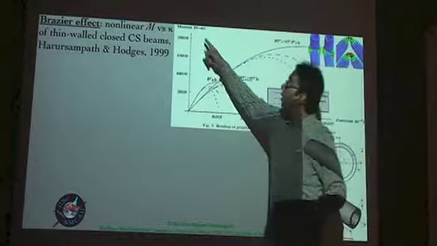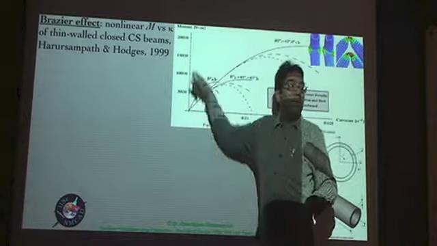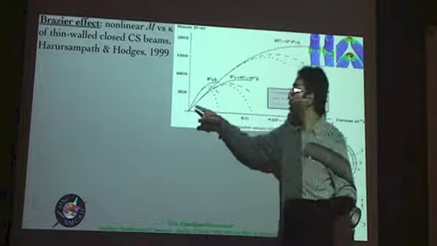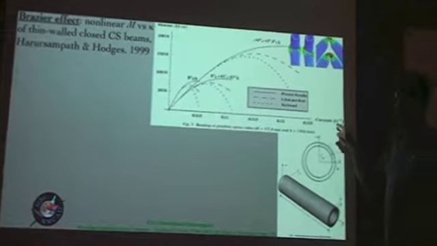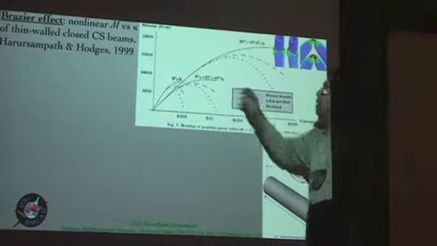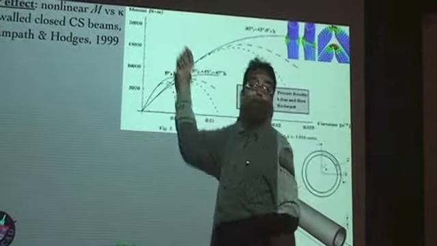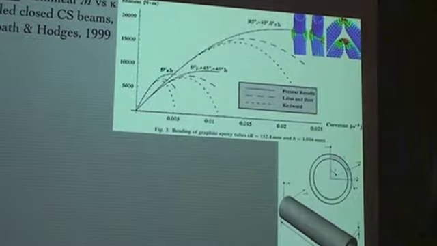So for example, if you draw a curve between the bending moment on the vertical axis and the curvature on the horizontal axis, then bending moment is in Newton meters and your curvature is in per meter.